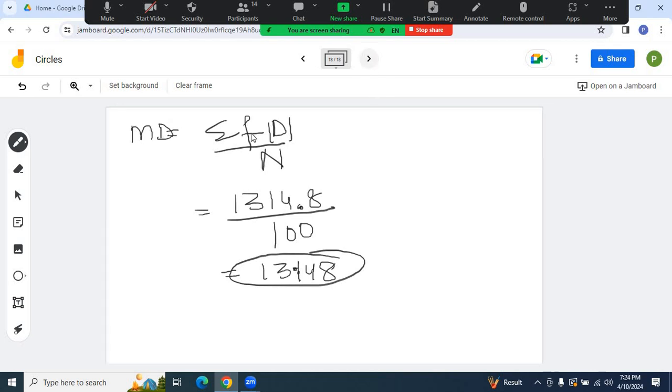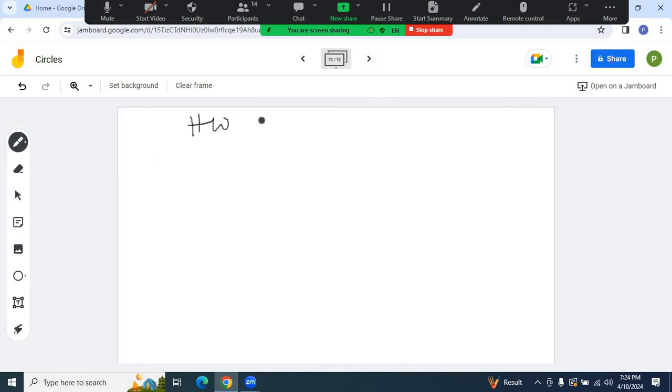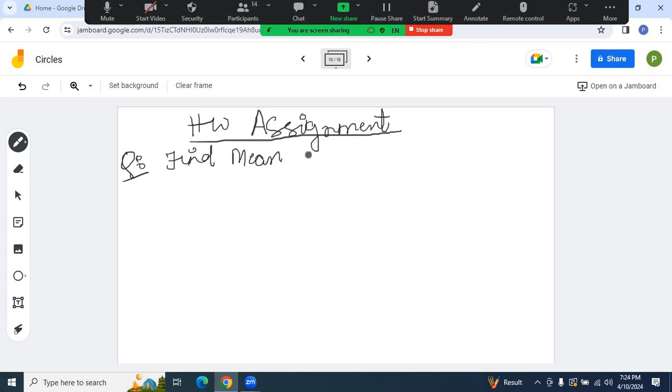Write the homework assignment. You may note it or you may take a screenshot, your choice. Find mean deviation from median.